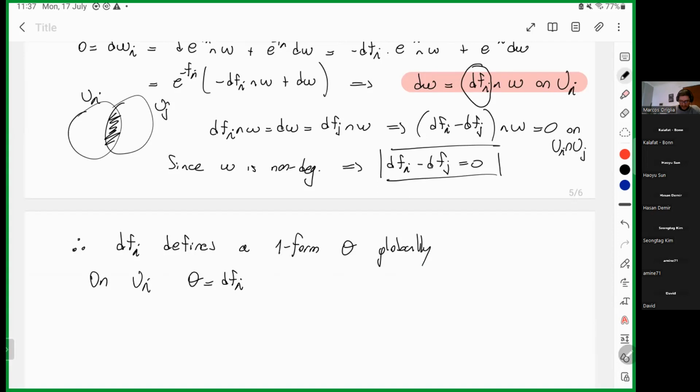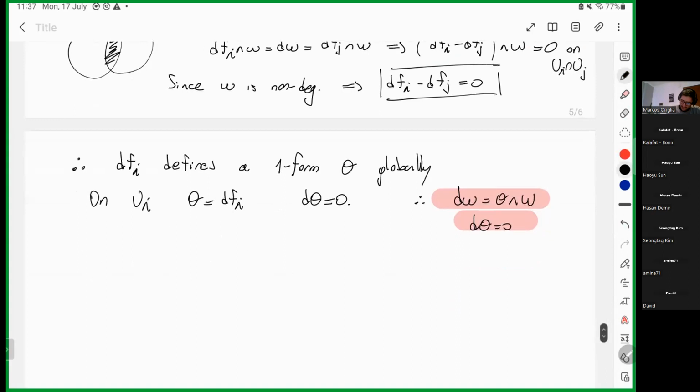And of course, dθ will be 0, right? So we prove that dω is θ wedge ω for this closed one form. So from the definition to the existence of this one form satisfying this condition, we are done.